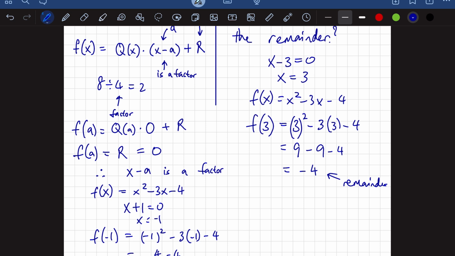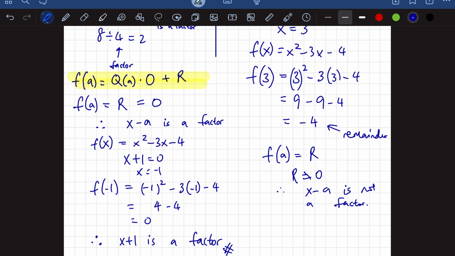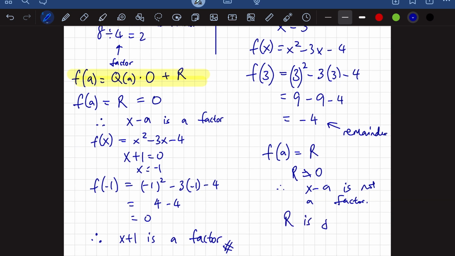Very similar to the concept that we have just done, except that this time around, your r is not 0. So if f(a) gives you r, and r is not equal to 0, therefore x minus a is not a factor, and r is your remainder.